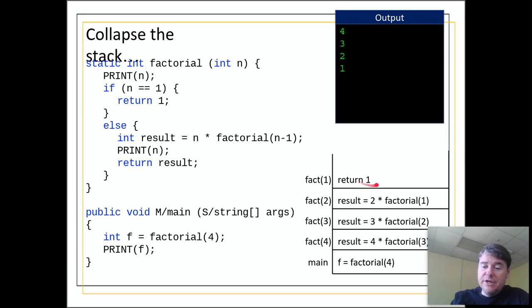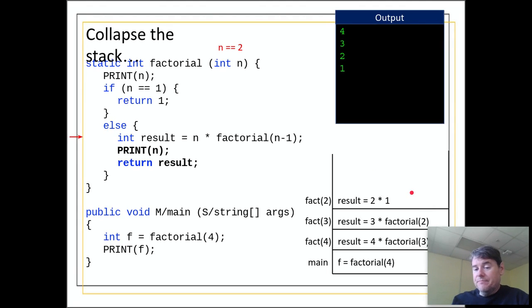So that number 1 is going to get fed in to where we just were in the previous method. Remember, in the previous method, it had said the result was going to be 2 times the factorial of 1. And we just didn't know what the factorial of 1 was, so we went off and we called factorial to calculate it. Well, now we know our answer. It was 1, so 1 is going to get filled in down here.